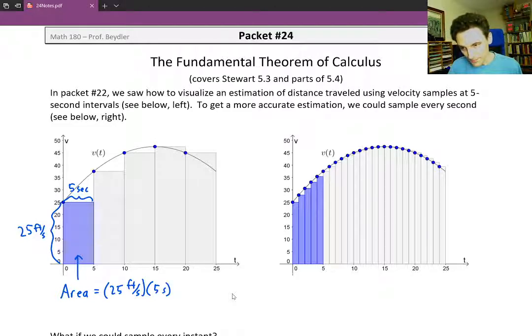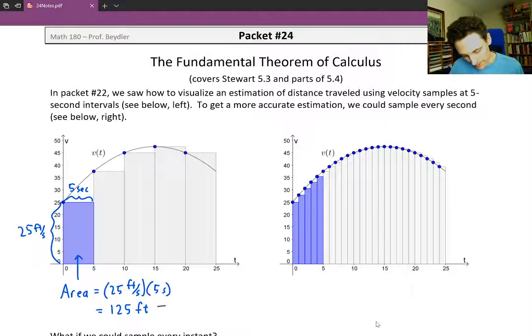And we mentioned that the units look a little bit funny because you get 125 feet, and normally you're thinking, isn't area square feet? But here the sides of our rectangle were not exactly distances. One of the sides was measured in feet per second, and one of them was measured in seconds. So we end up getting units of feet. But if you just take the numbers themselves, the 25 and the 5, and you multiply them together, that's like doing an area of a rectangle calculation, an area of that rectangle.